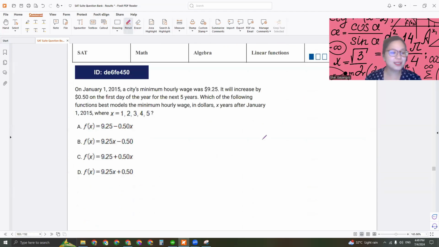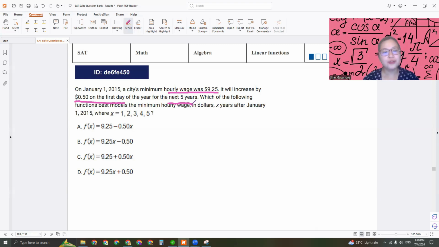All right, let's continue. Question 103. Oh my gosh, we're progressing. So on January 1, 2015, a city's minimum hourly wage was $9.25. It will increase by $0.50 on the first day for the next 5 years.